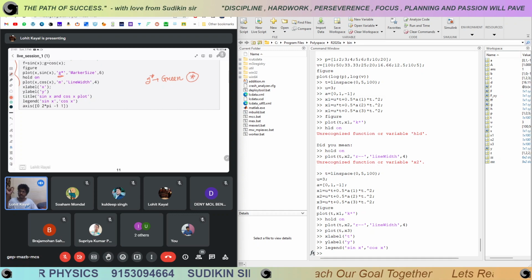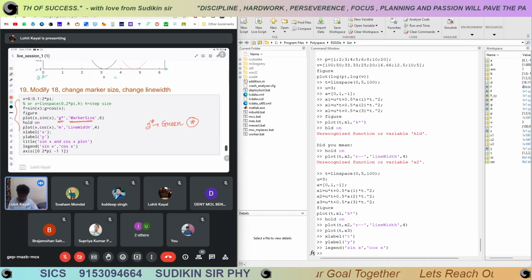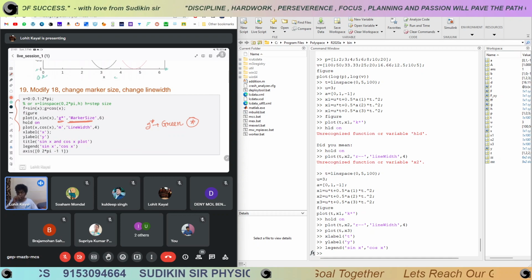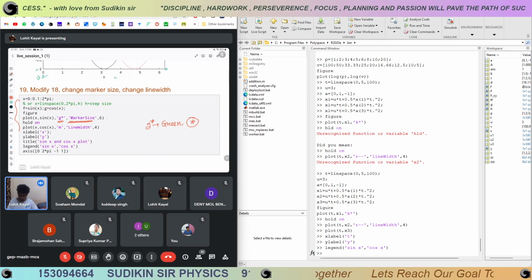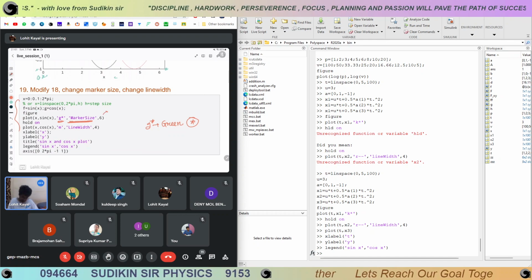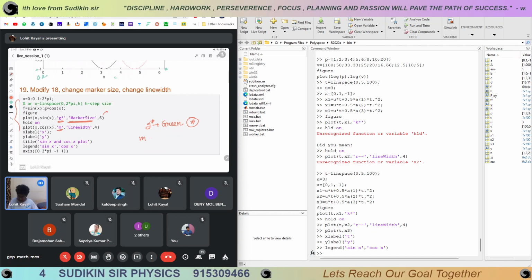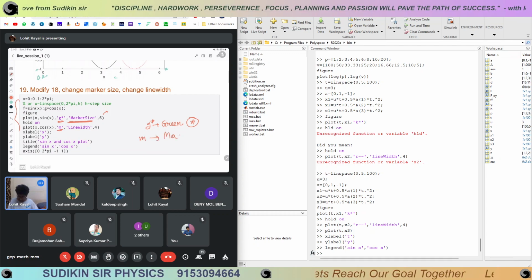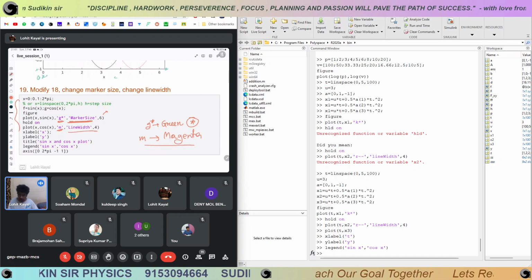So the marker will be star. And this is also a new thing: marker size. Previously we have learned line width, and now this is marker size. Marker size 6. Then x cos x, M means magenta, and here line width is 4.